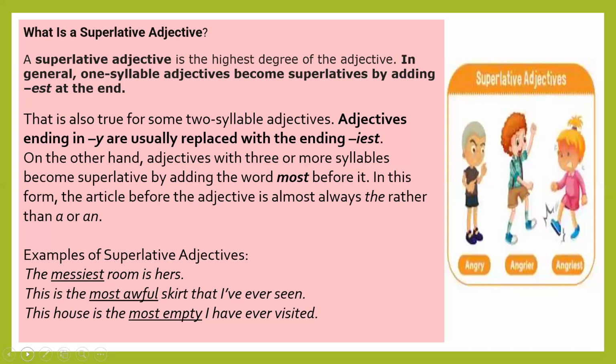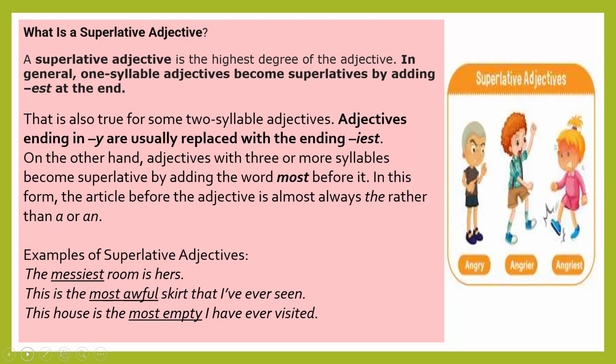A superlative adjective is the highest degree of an adjective, as the word indicates, super. In general, one-syllable adjectives become superlative by adding the suffix est at the end. That is also true for some two-syllable adjectives. Adjectives ending in y usually have it replaced with the ending iest.